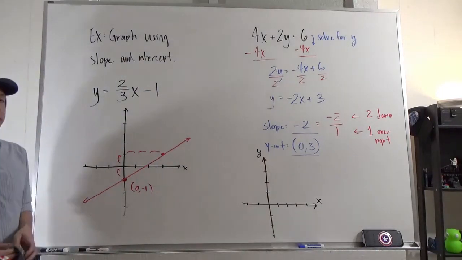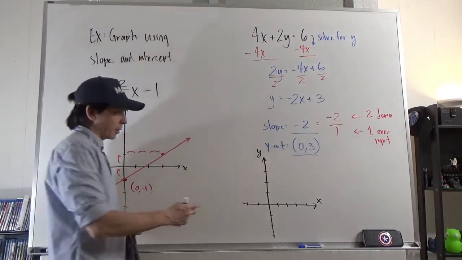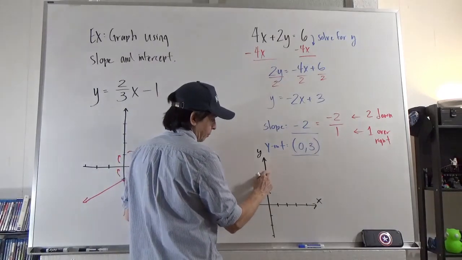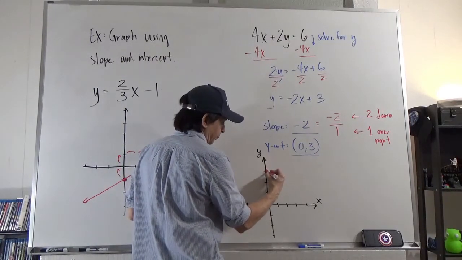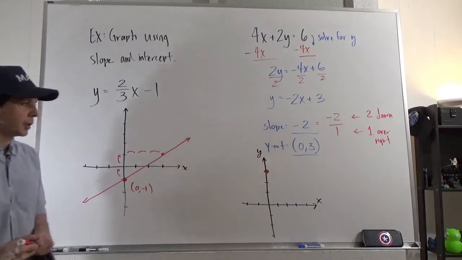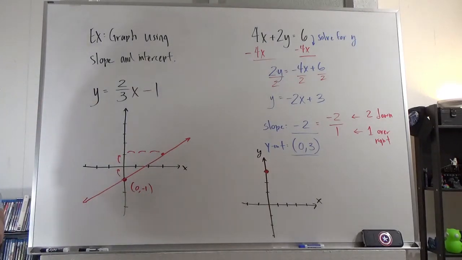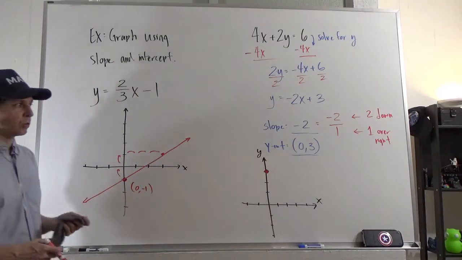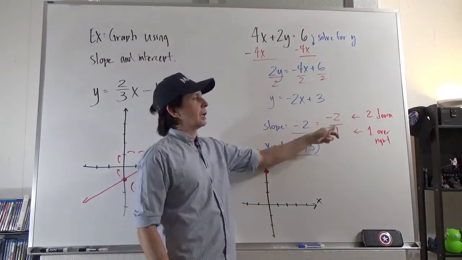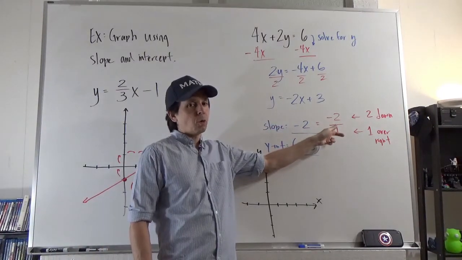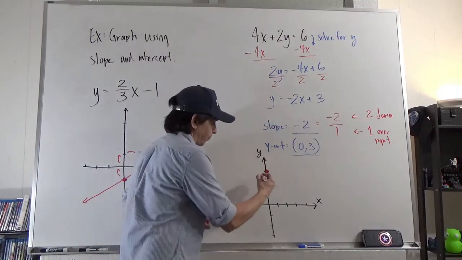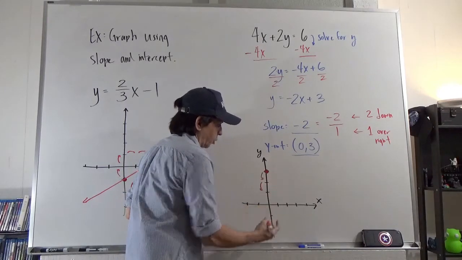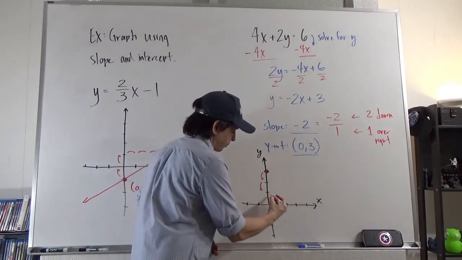Okay, you are starting at your y-intercept, (0, 3). Right there, on the y-axis always, (0, something) is on the y-axis. And then from there, I count my rise over run. And again, I'm thinking of it as a negative 2 over 1, so that's 2 down, and 1 over to the right always.